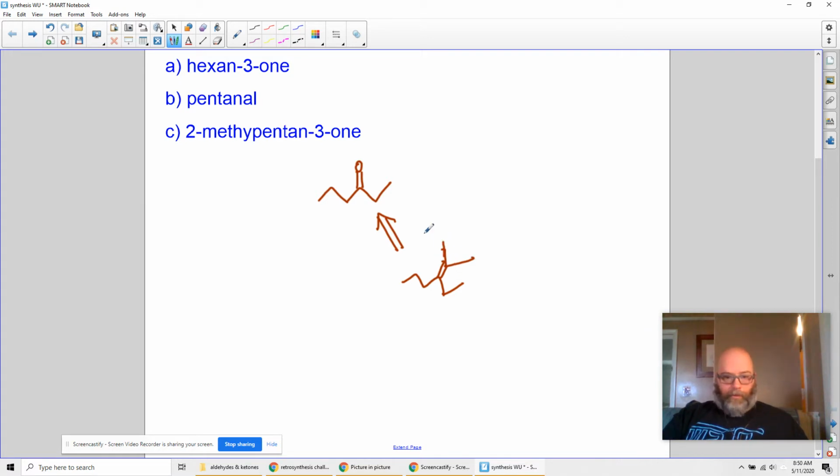If I were to react this reactant with sulfuric acid, if you remember your alkene chemistry, we can use a cleavage reaction here that will cleave here, put an O there and an O there. That reaction is with KMnO4 and acid.